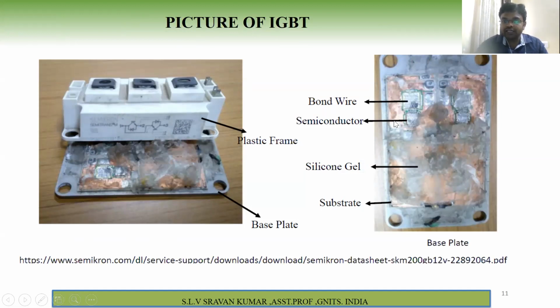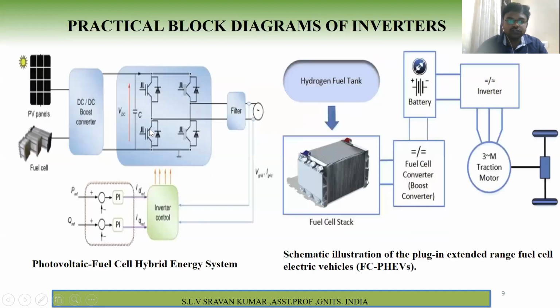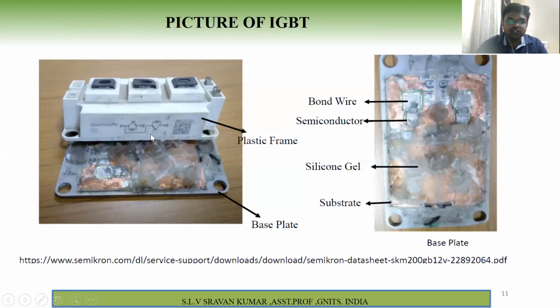This is the semiconductor, like P-type, N-type, whatever it is. This is a silicon gel for insulation purpose, and the substrate, N-type substrate or P-type substrate, whatever. So observe this leg having two switches. These two switches you can observe here.